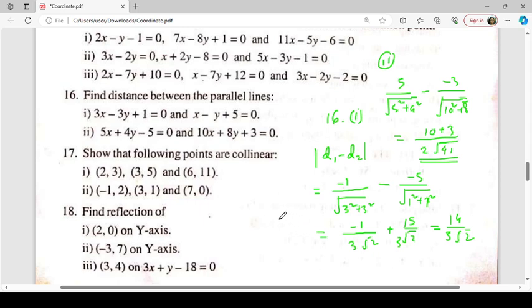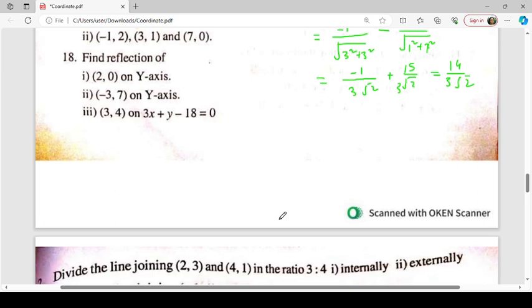So these are the straight line problems, reflection of this.